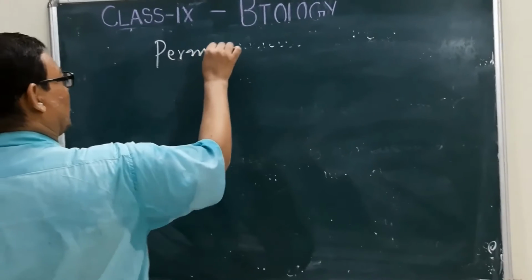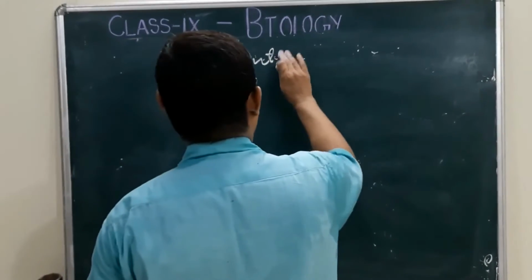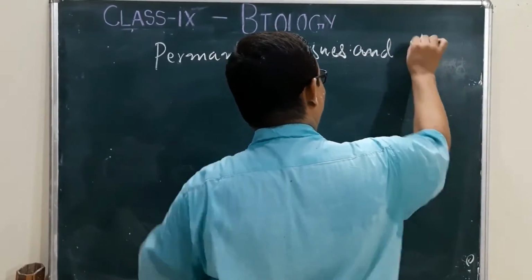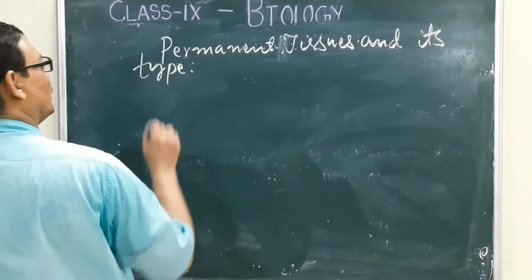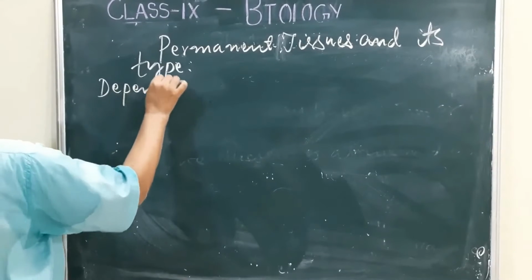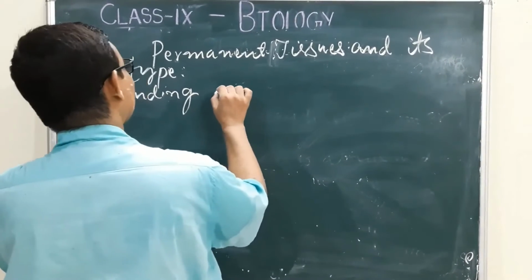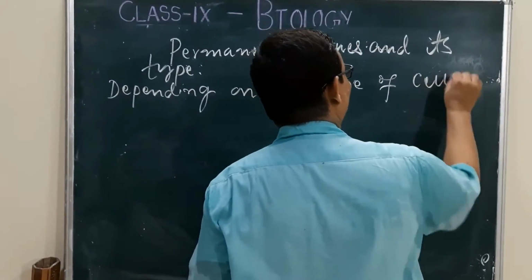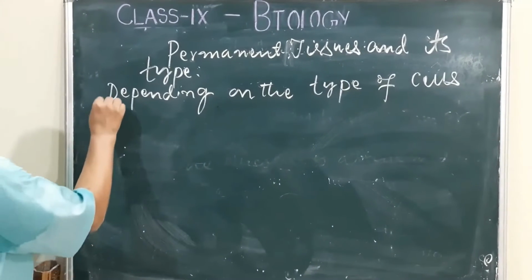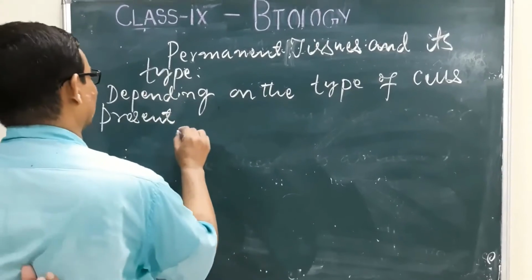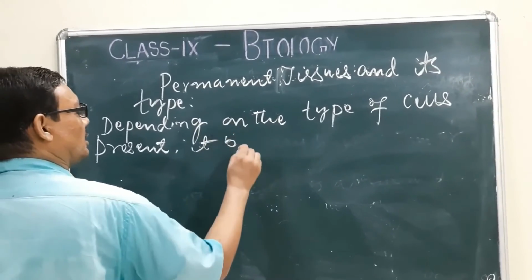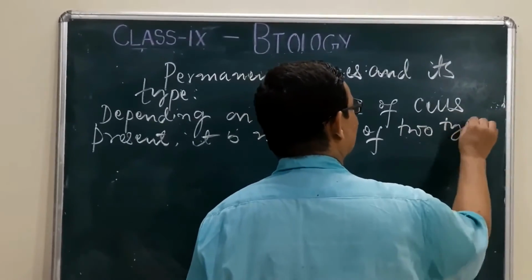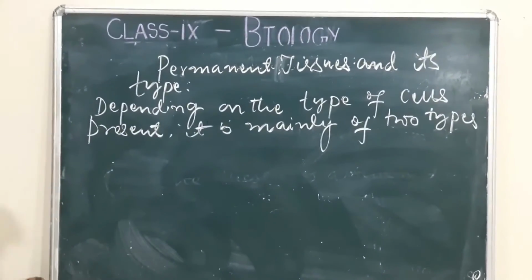Permanent tissues and their types: depending on the type of cells present, it is mainly of two types.